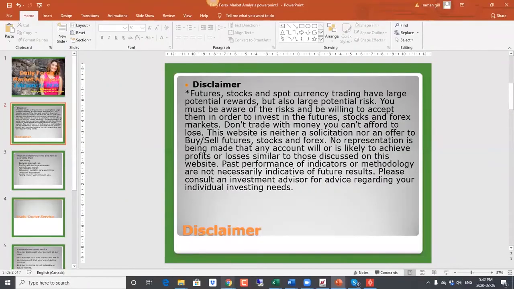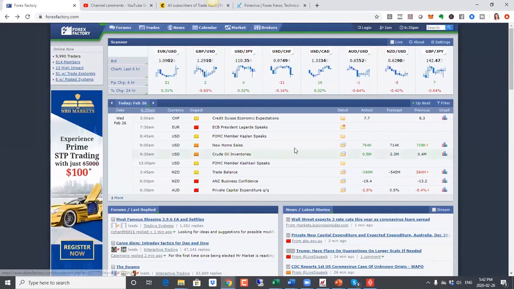As usual, we'll start off by taking a look at our calendar here. And in terms of the overall market here, we see the data that has come out for New Zealand and Australia has been below expectations, and we have seen a negative impact from that. But overall, in the markets today, the big thing was around coronavirus.